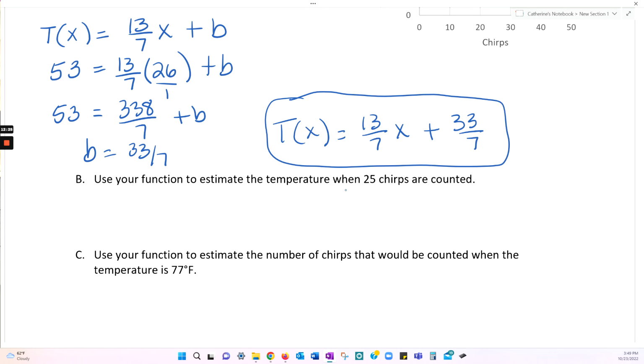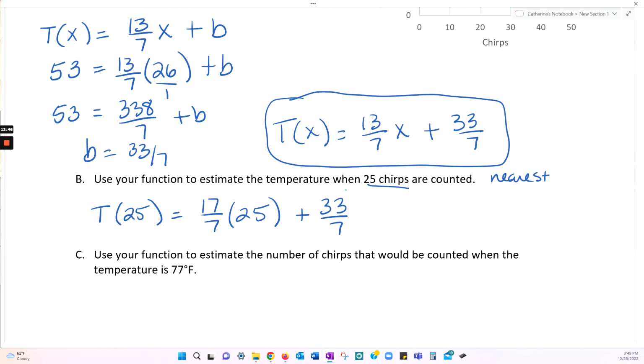So T of chirps is x, so we can just do T of 25. 13 over 7 times 25. And I'm going to make the executive decision to just estimate this to the nearest tenth. So let's do that. Oh, how did I get 17?